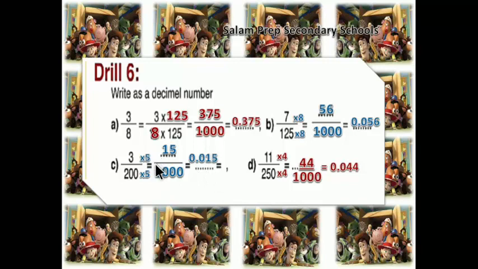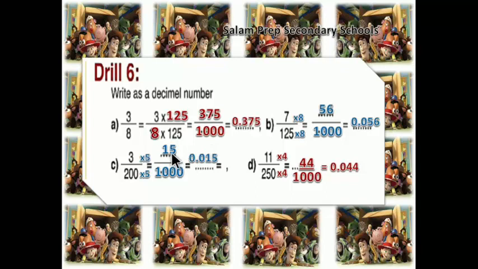There is no whole number, so we can write 0. Okay? 15 over 1000. Please take care. In the decimal part, 1000 means in the decimal part we have tenths, hundredths, thousandths. Okay?